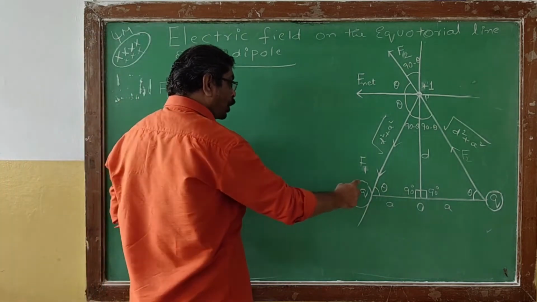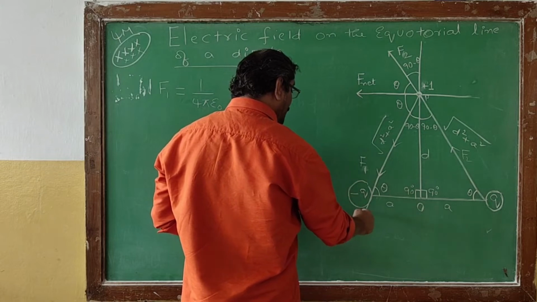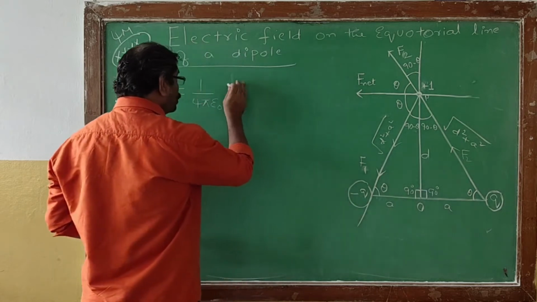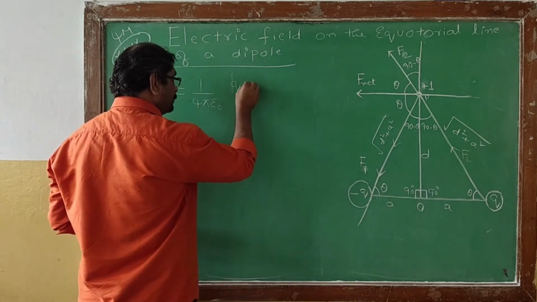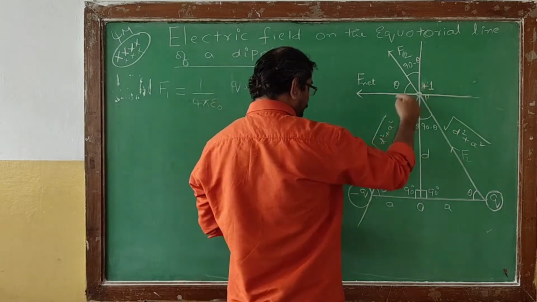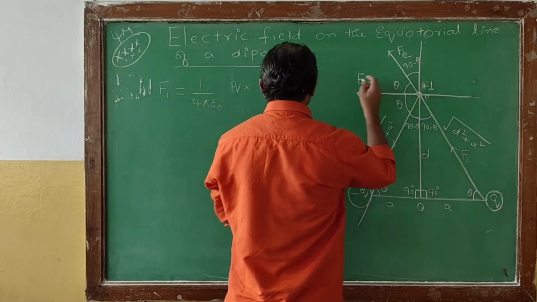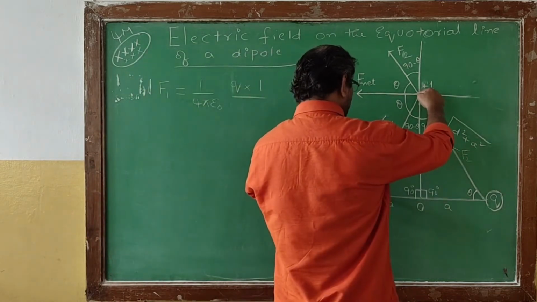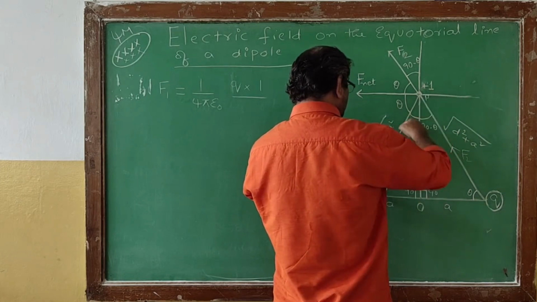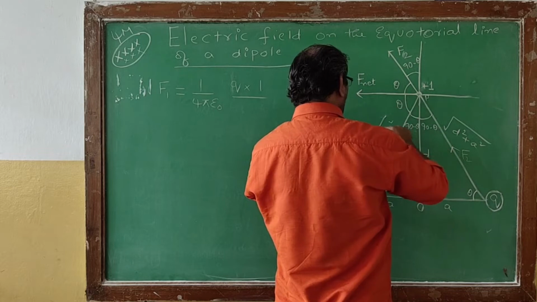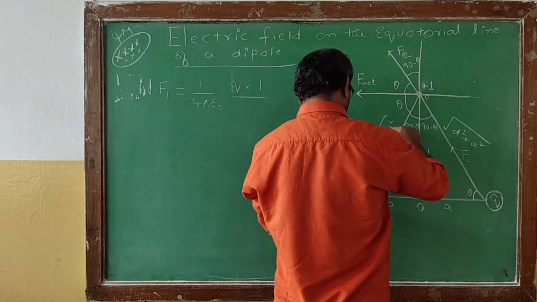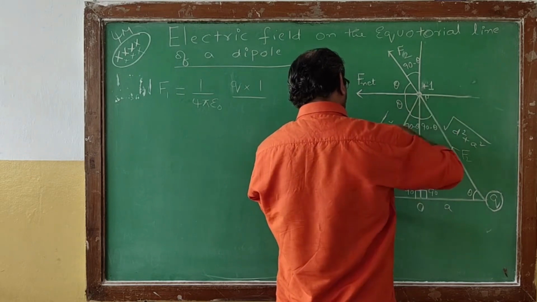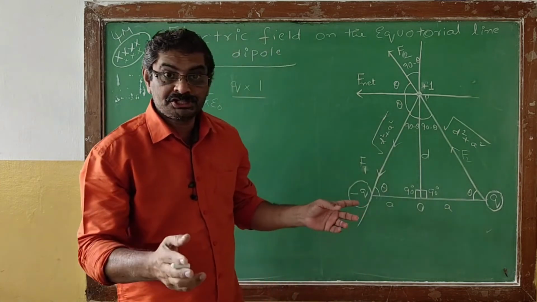Remember Q1 will be the magnitude of the negative charge, and the magnitude of the negative charge will be q, multiplied by Q2, which is the unit positive charge. And what is the separation between them? The separation between them will be under root of d square plus a square.